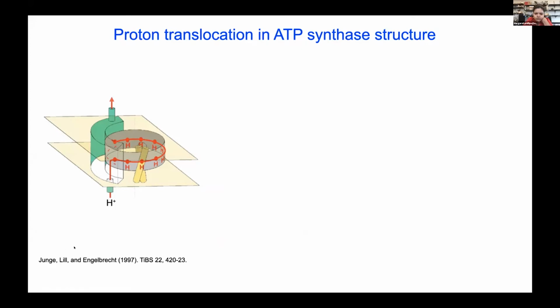The model from Junge and Vik was that protons go halfway across the lipid bilayer through this green subunit. They bind to a conserved acidic residue in one of these ring-forming subunits, and that neutralization of the acidic residue allows the ring to rotate so that the neutralized residue can enter the hydrophobic environment of the lipid bilayer. The rotation of the ring delivers a protonated acidic residue to a second offset half channel where the pKa drops, the proton is released and can go the rest of the way across the lipid bilayer.